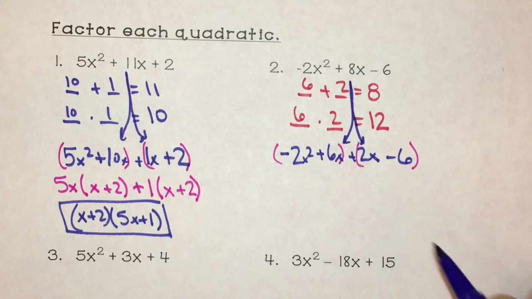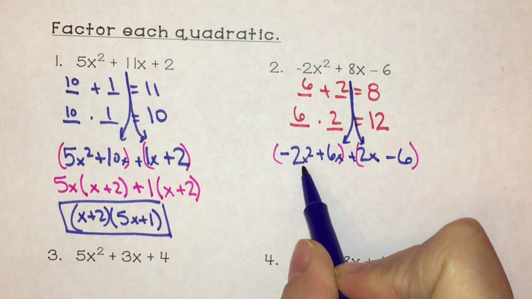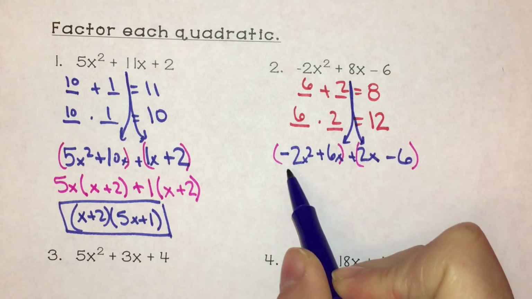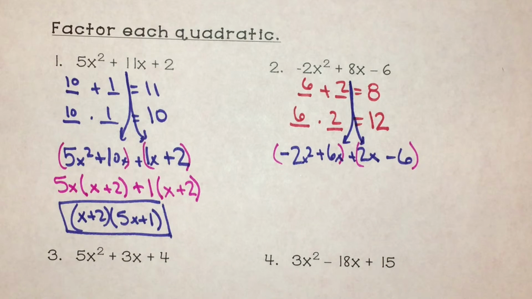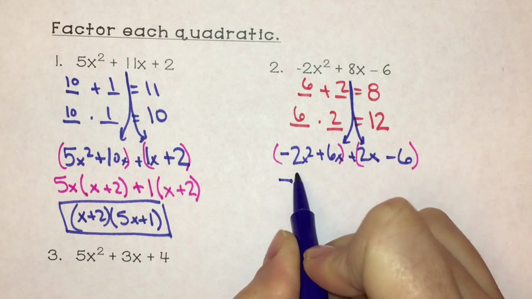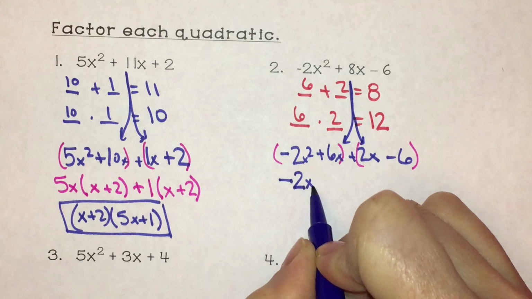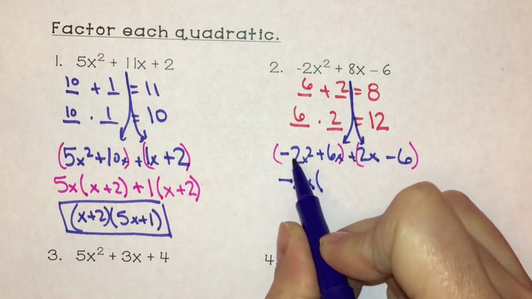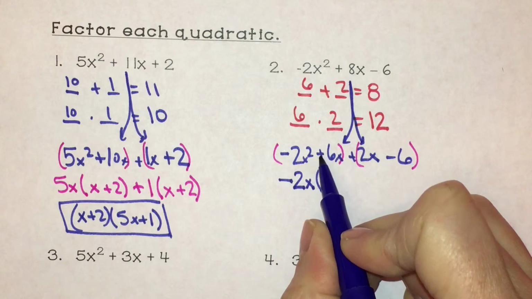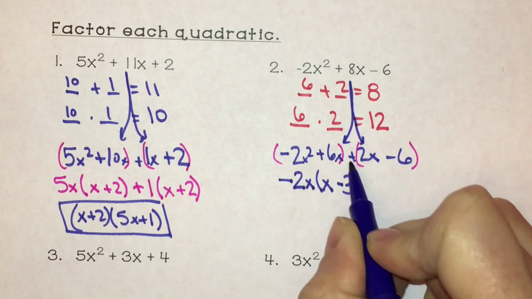Put your first two terms in parentheses and your last two. All right, on this one, I don't like having my x negative. Because it's negative 2x squared, I don't want it to be negative, so I'm actually going to factor that negative out. I have negative, I can divide both by 2, so that can be factored out. Both have at least one x, so I can factor out an x. Negative 2x squared divided by negative 2x is just x. Positive 6x divided by negative 2x is negative 3.